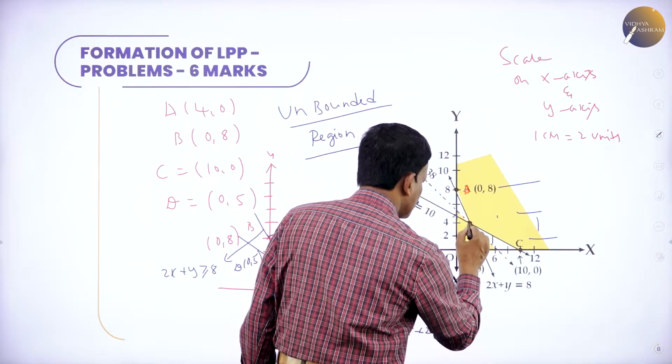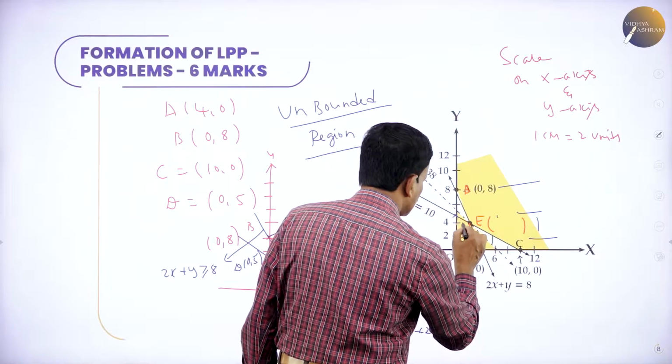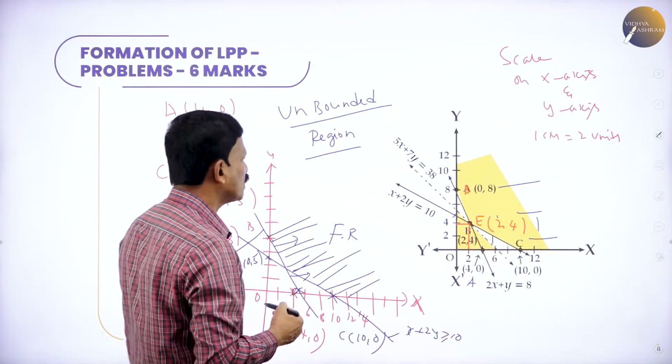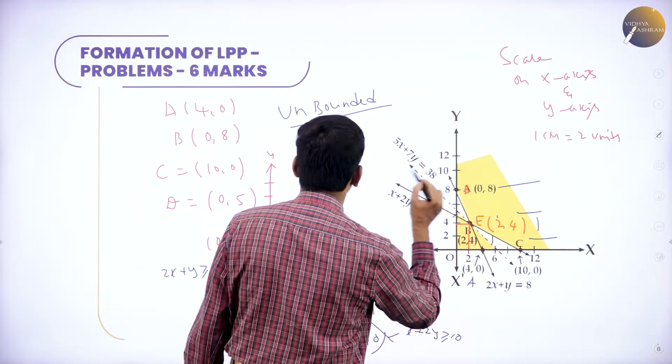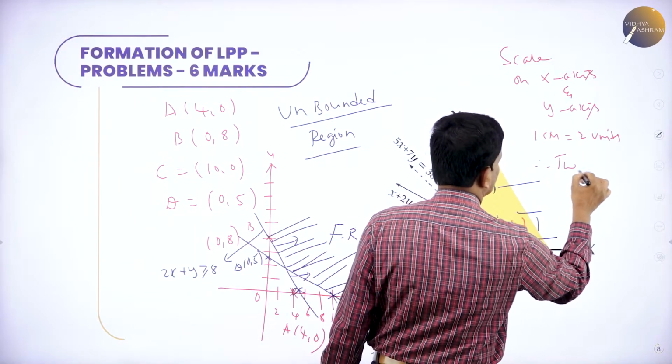This is the point. Point E, if you draw, then we will get 2, 4. So therefore, the corner points are A, E and C.